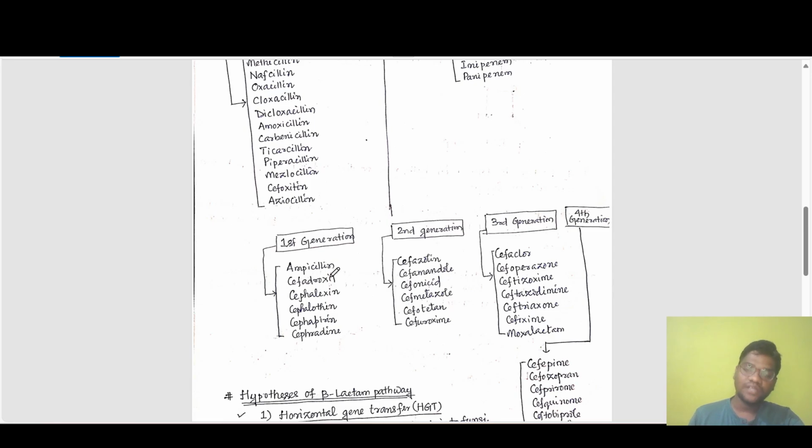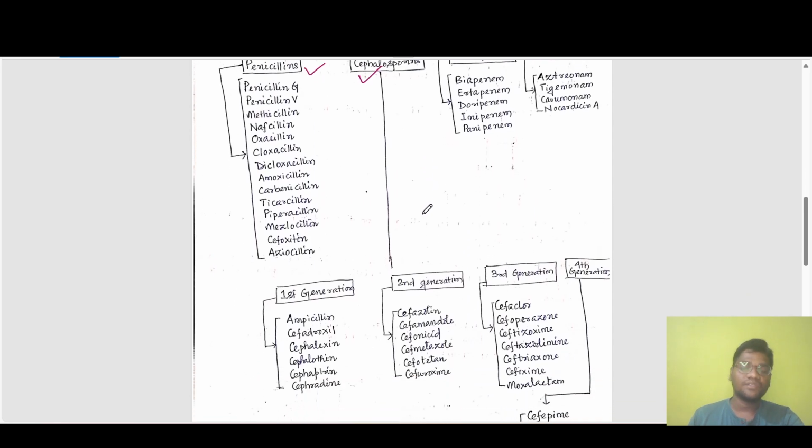Those antibiotics which were discovered at an early stage are called first generation, and second generation were discovered just after the first generation, and then third generation and fourth generation antibiotics were discovered, all coming under cephalosporin.